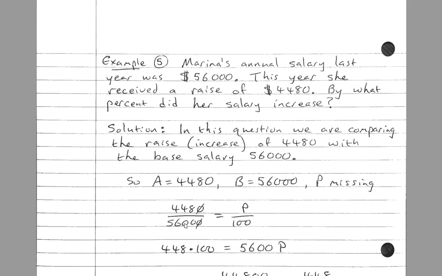So A over B, we can cancel zeros. That's equal to P over 100. The cross products here: 448 times 100 is equal to 5,600p.